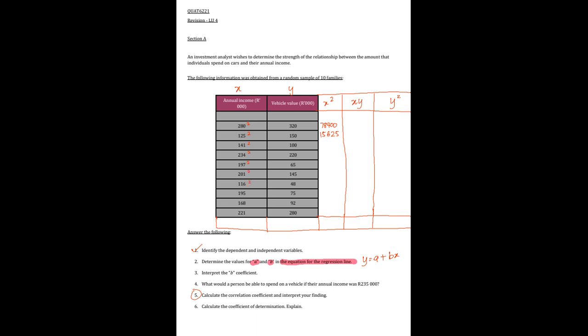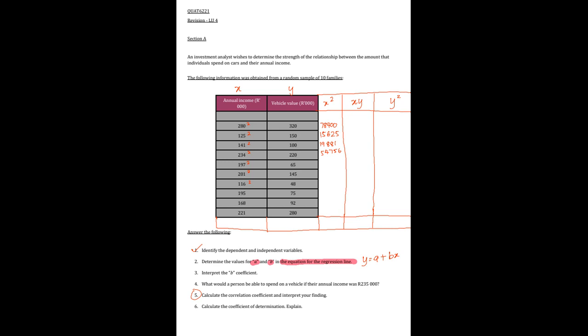The next one was 19,881. Then 234 squared is 54,756. Then 197 squared is 38,809.